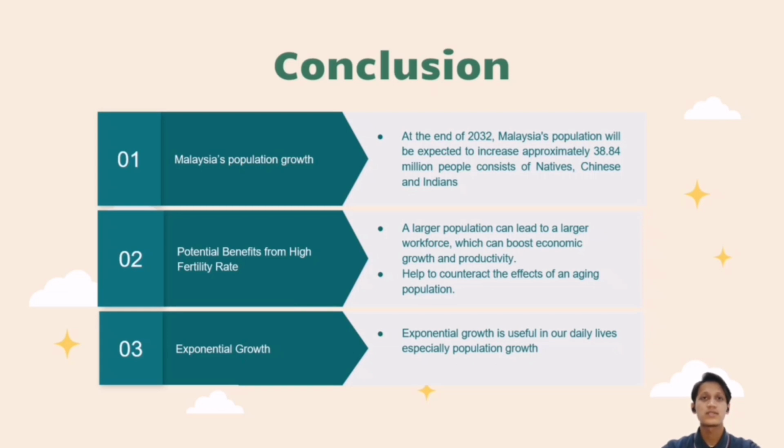First, a larger population can lead to a larger workforce, which can boost economic growth and productivity. Second, it helps to counteract the effects of an aging population. Lastly, a high fertility rate can lead to a more diverse and dynamic society, as children bring new ideas, perspectives and energy to a community. Hence, exponential growth is very useful in our daily lives, especially for population growth.